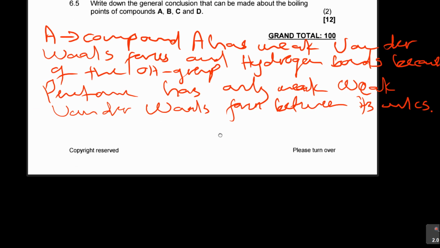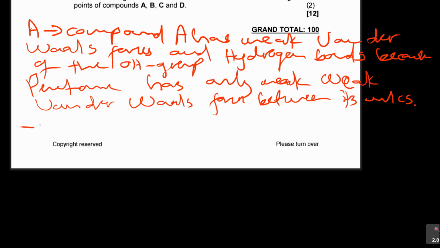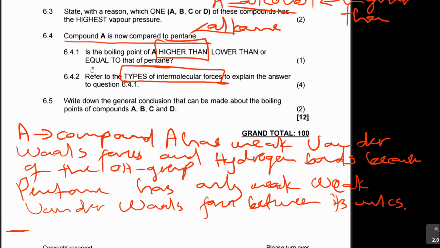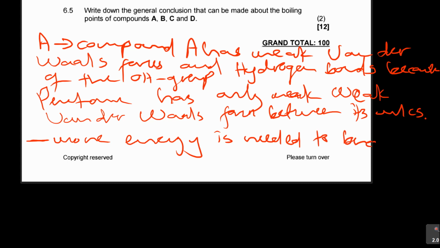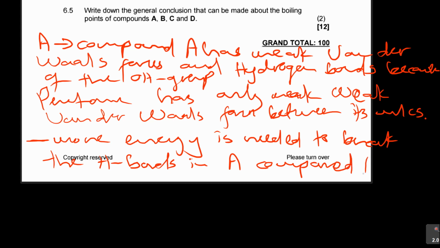Then you can continue to tell us about the energy. Because the question was which compound A is compared to this is the boiling point. They are wanting you to conclude why the boiling point of A is higher than. So the next one is more energy is needed to break the hydrogen bonds, the H bonds in A compared to pentane.